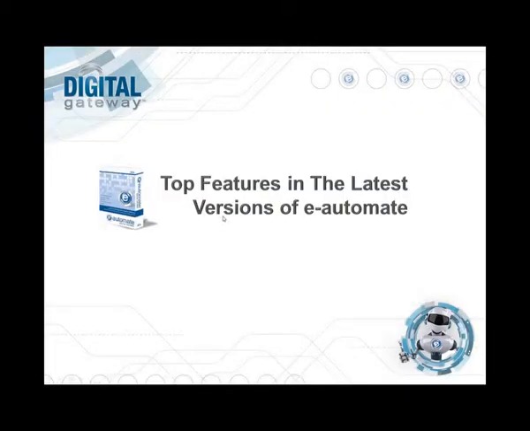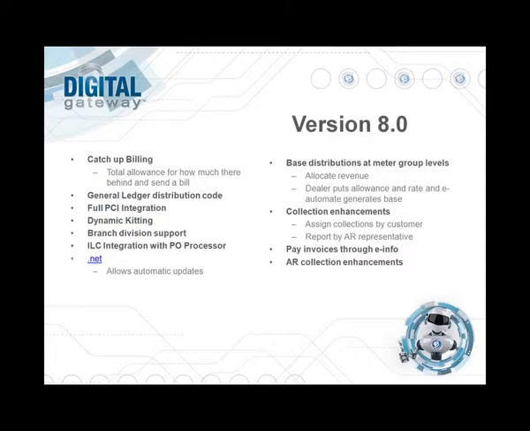Okay, I wanted to go over some of the top features in the latest versions of eAutomate. I've sent this out to probably most of you, so most of you have probably seen it, but I'm also going to show you just to make sure and talk about a couple features. This is for version 8.0, which will be released next year, and this is just talking about some of the features in it.